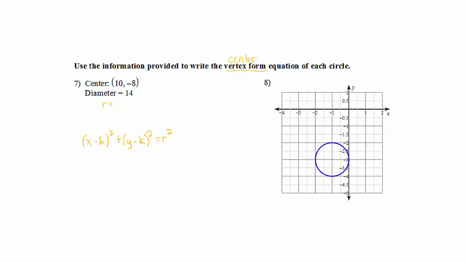So we just want to fill in our center, which is h and k, and our radius. If we know that the diameter is 14 and that diameter is all the way across, our radius, which is halfway across, would just be 7.